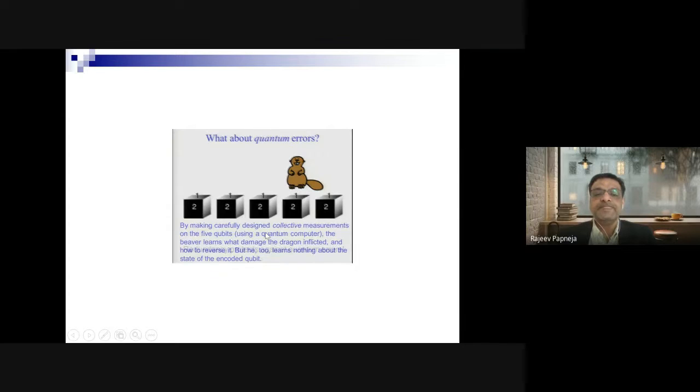So even in quantum world, it's possible by redundantly encoding information to protect it against the errors, but the information has to be entangled amongst more qubits, and there has to be correlation to take care of that.